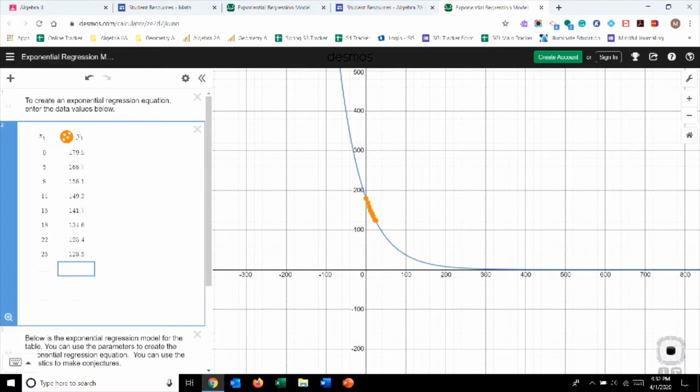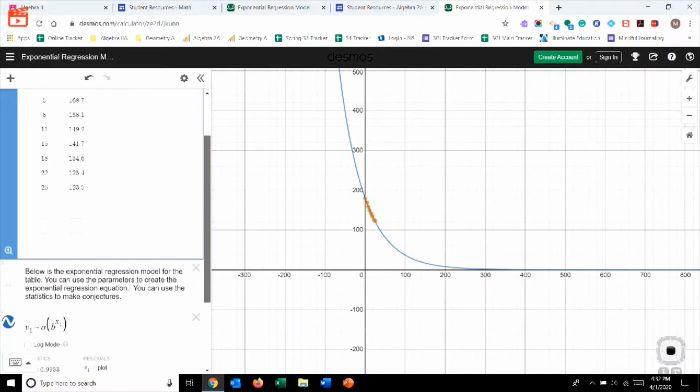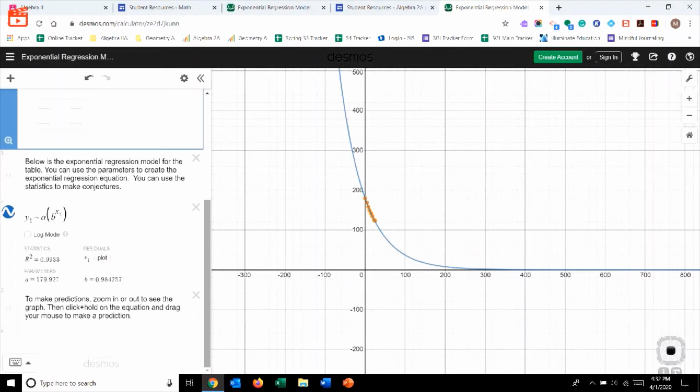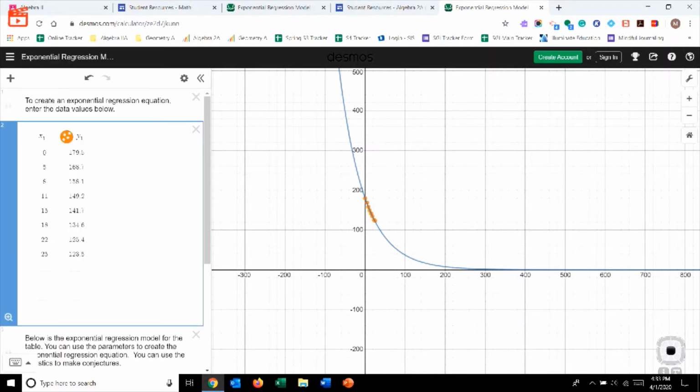So the first thing you're going to see is the coefficient of determination, which is 0.9933, and that is really close to 1. So because the coefficient of determination is pretty much 1, these points form an exponential graph.